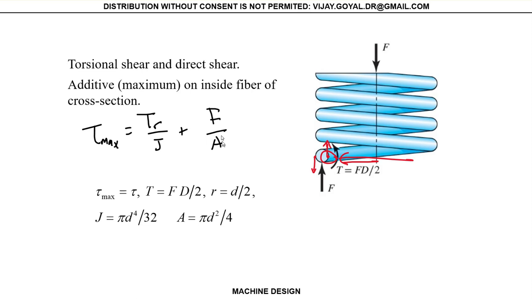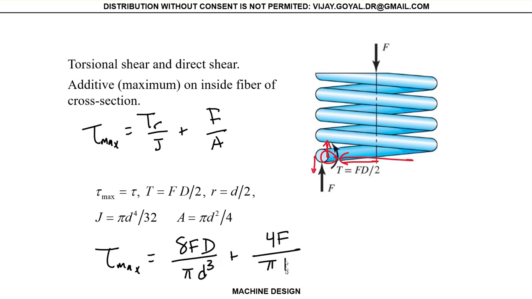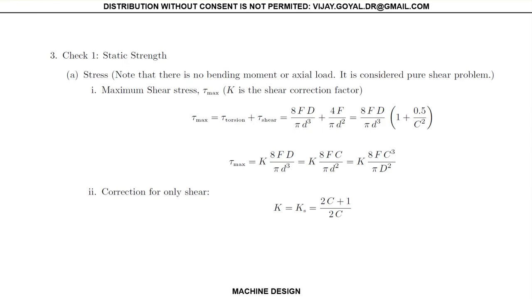Okay, and given that value, you can show that the value you use is 8FD over pi d cubed plus 4F over pi d squared. And we keep on moving. I know there are lots of equations, but just bear with me for a moment here.